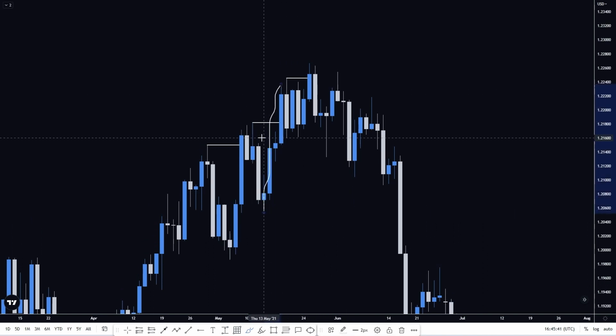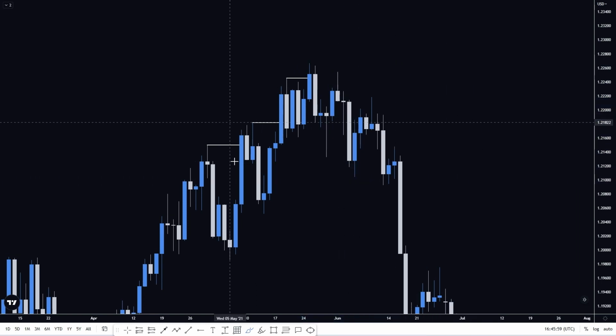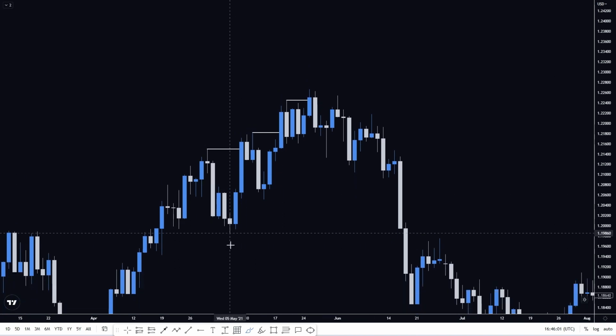We then broke up again, and the next candle immediately retraced back in. It tries to break up and immediately retraces back in. It breaks up and immediately retraces back in. And then it fails to break higher before then even moving lower. So just by looking at this, you can see that ascending nature that we have in here.